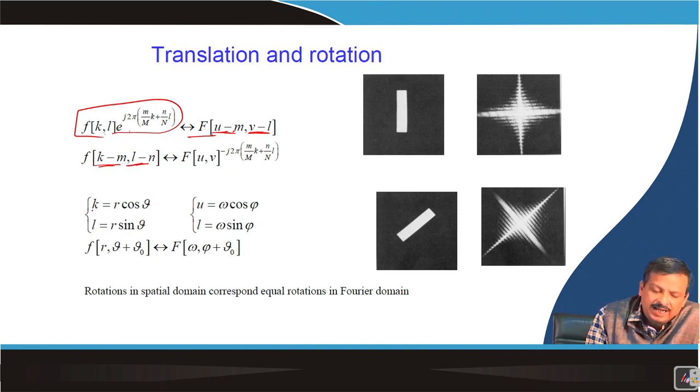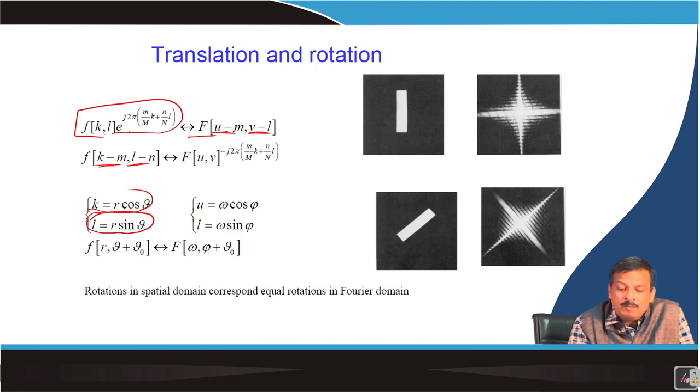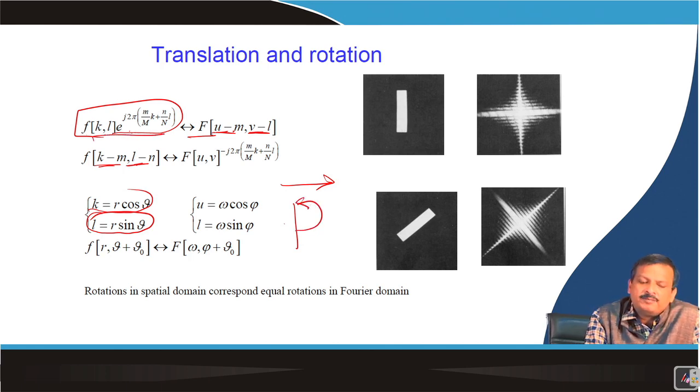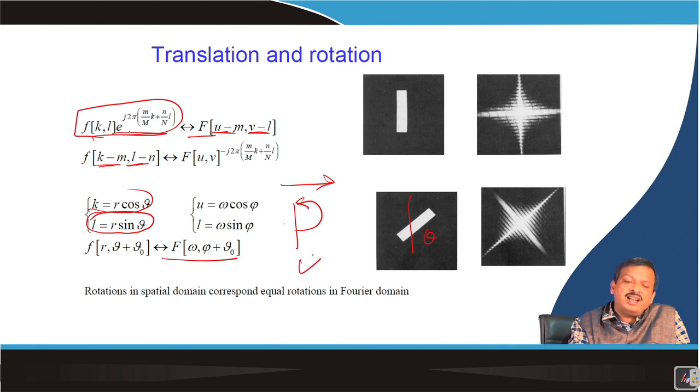Now, instead of that, let k equal to r cos theta and l equal to r sin theta. So, instead of a translatory shift, I make a rotation shift. If it is a rotation shift, then you can see that the image in the spatial domain and in the frequency domain is also rotated by theta. So, that is called translation and rotation.